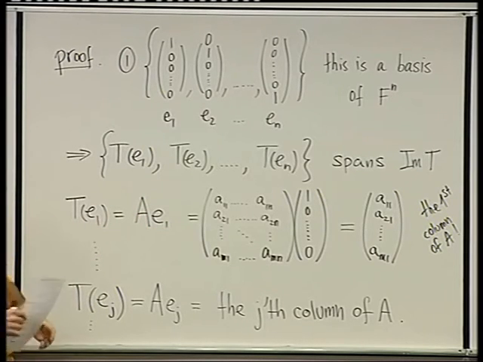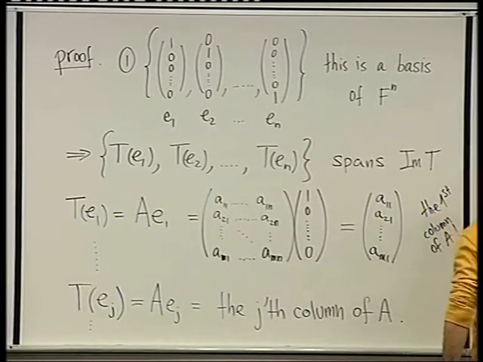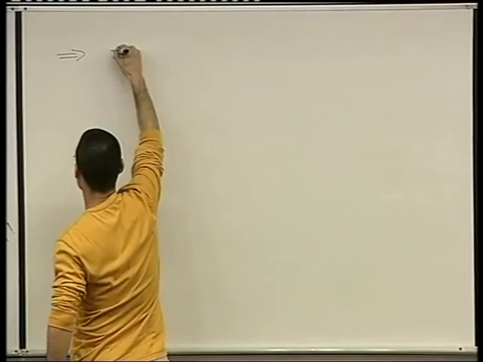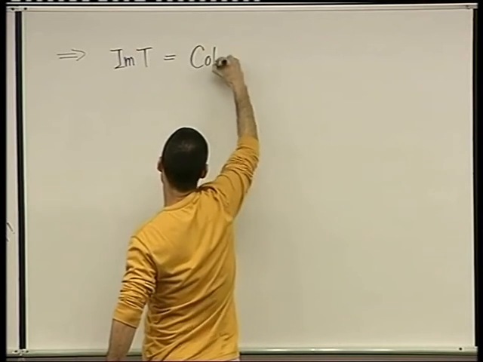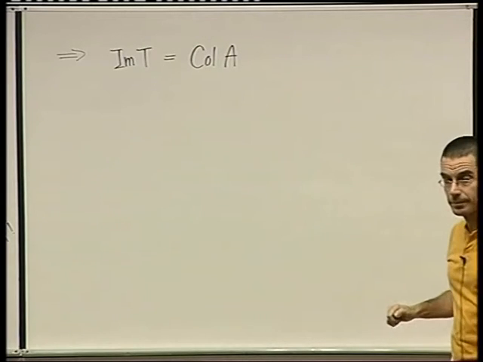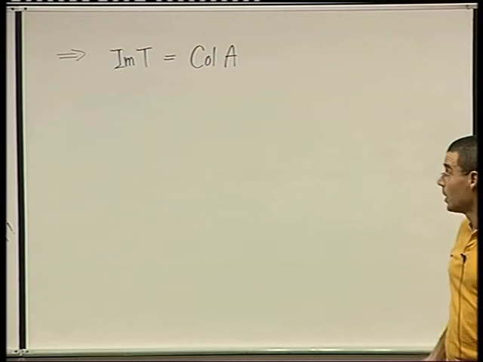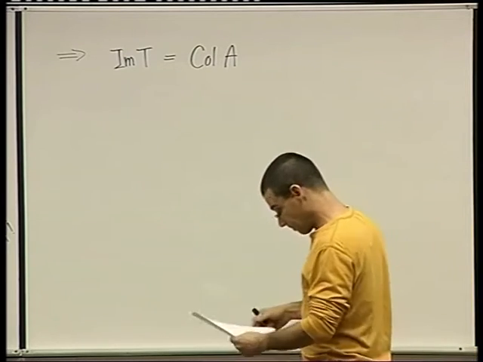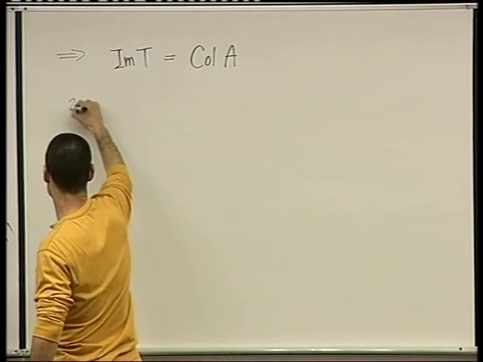So the conclusion: the image of T is the same as the column space of A. Good? Okay. Now let's do part 2 of the theorem.